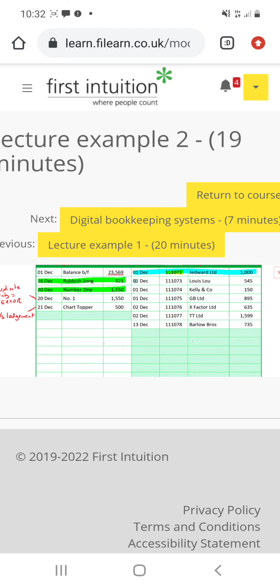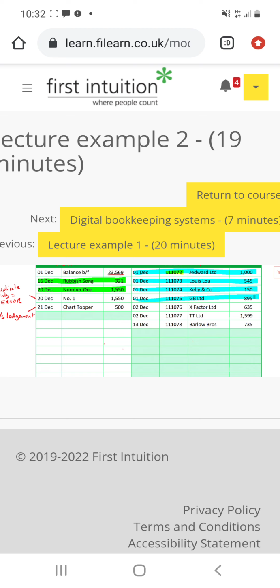I'm happy with the 1107 or the £545 to Louis Lou, and we'll go back and cross them all off in a minute. Okay, I'm happy with the 150 to Kelly & Co. I can see the 895 for GB Limited.